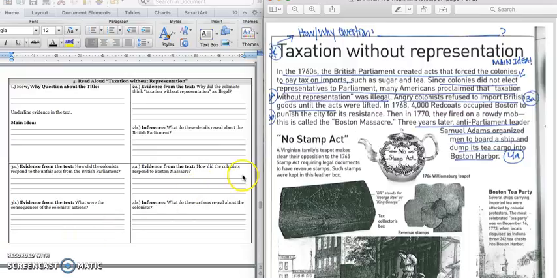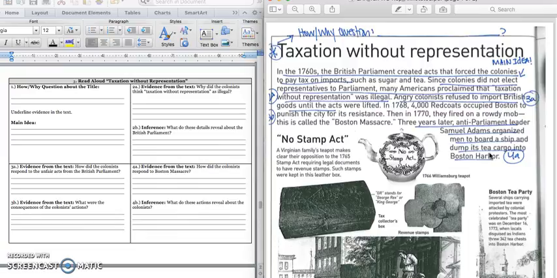It says, how did the colonists respond to the Boston Massacre? And if we read the next sentence, it says, 3 years later, Samuel Adams organized men to board a ship and dump tea into the harbor. So that tea was from another country, and they dumped it into the harbor so that it could not be sold.